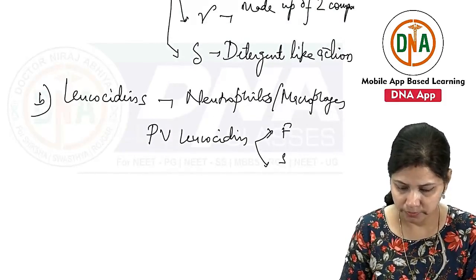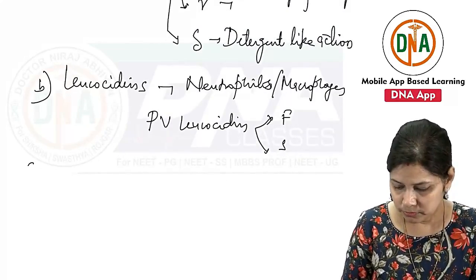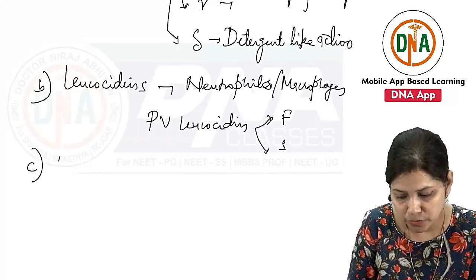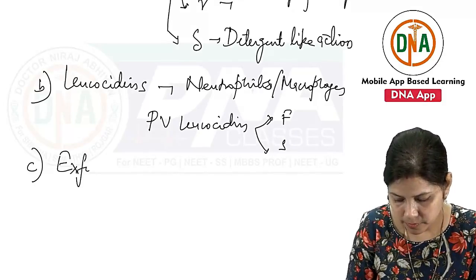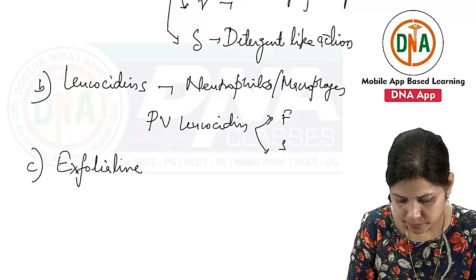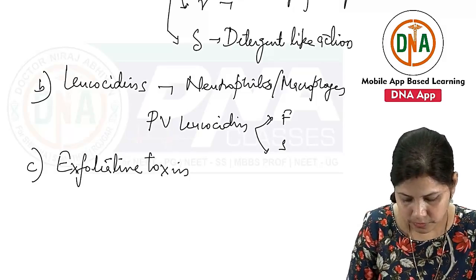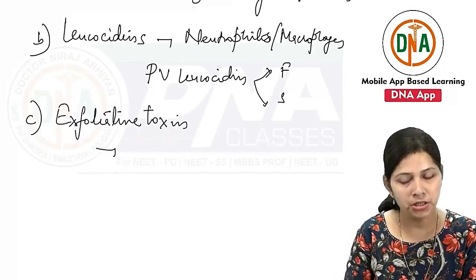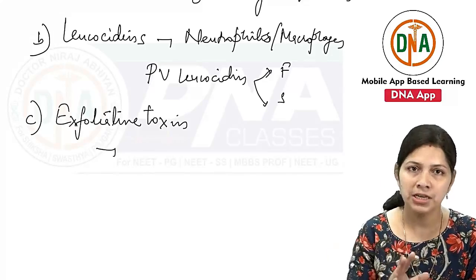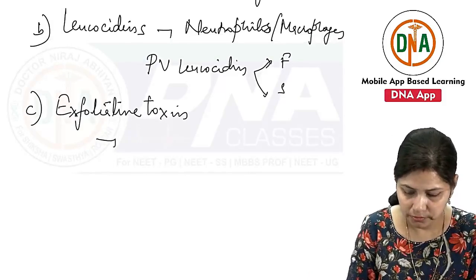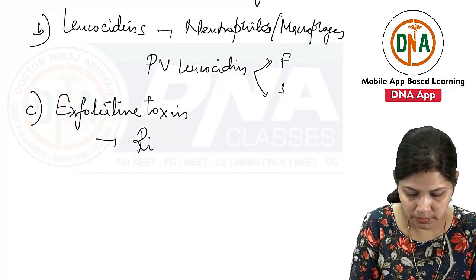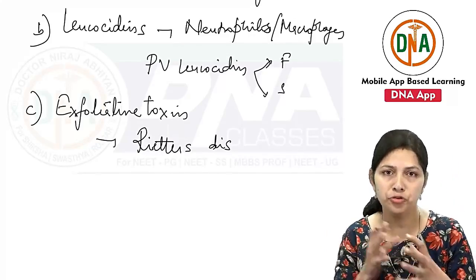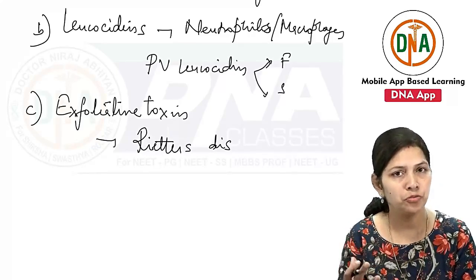Next is the various other toxins, and the most important is the exfoliative toxin, which is responsible for the classical virulence of the Staphylococcus, producing the exfoliative lesions of the skin like Ritter's disease, which is a disease of newborn, a severe exfoliating disease of newborn.